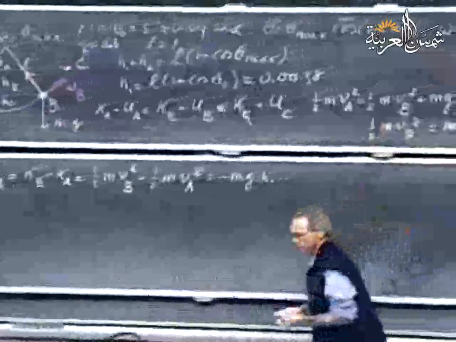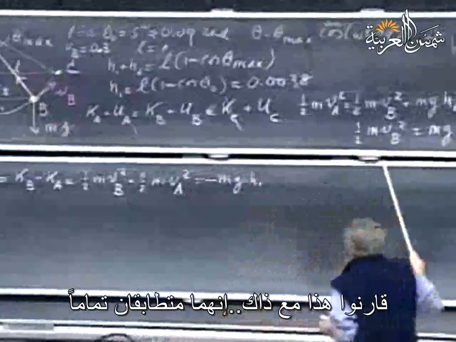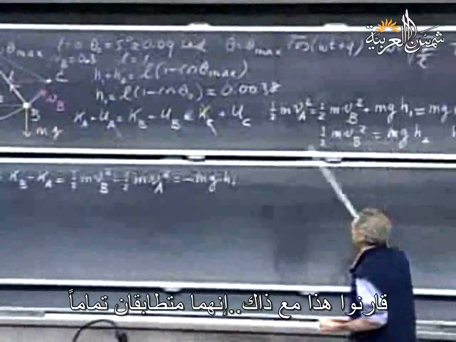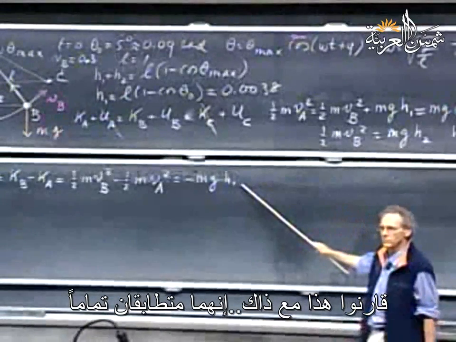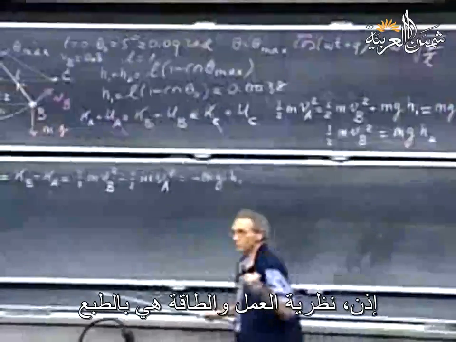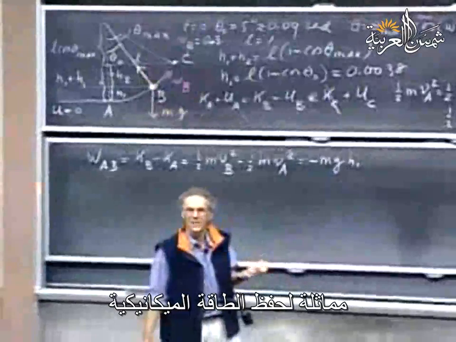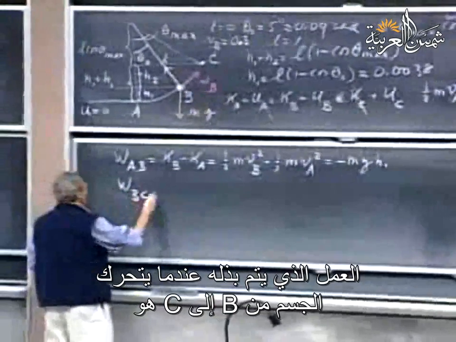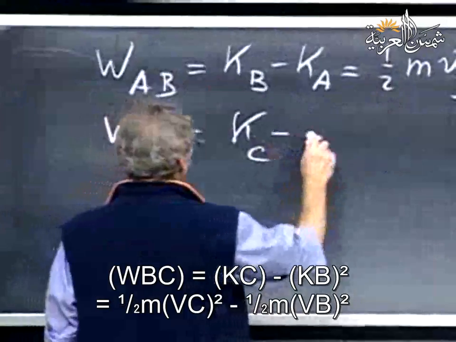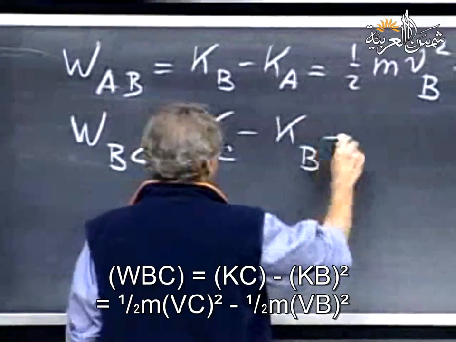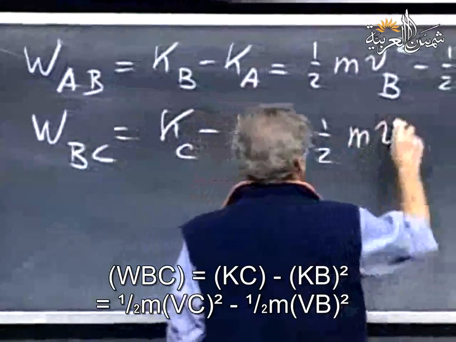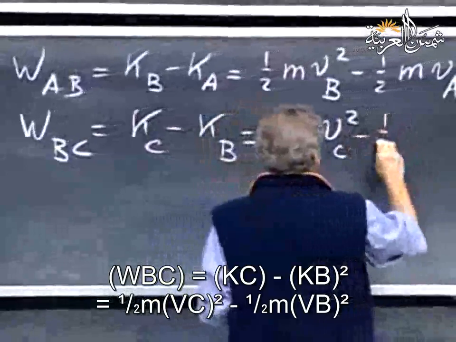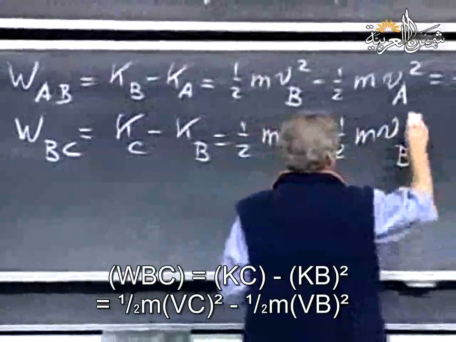Now look at that equation. And look, if you want to, compare this one with this one. Completely identical. So the work energy theorem is, of course, in a way the same as the conservation of mechanical energy. The work done when the object goes from B to C is the kinetic energy at C minus the kinetic energy at B. That equals 1/2 m v c squared minus 1/2 m v b squared.